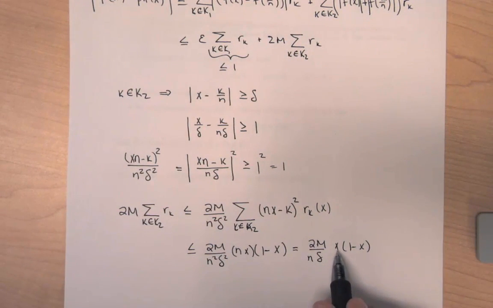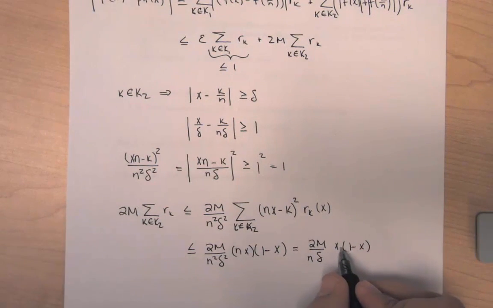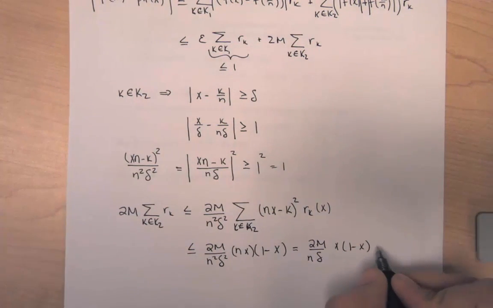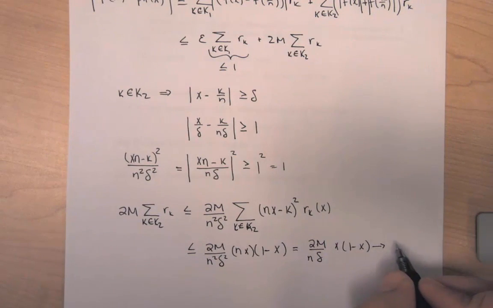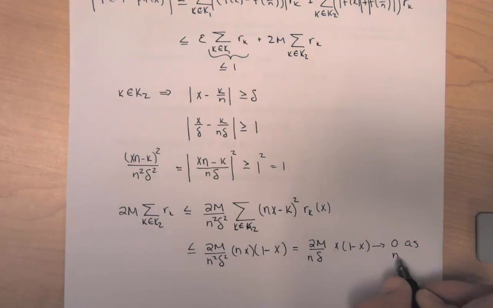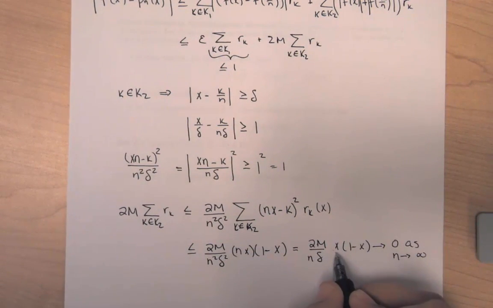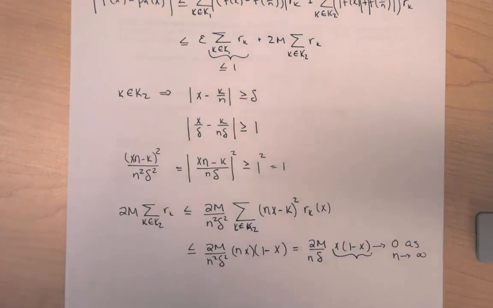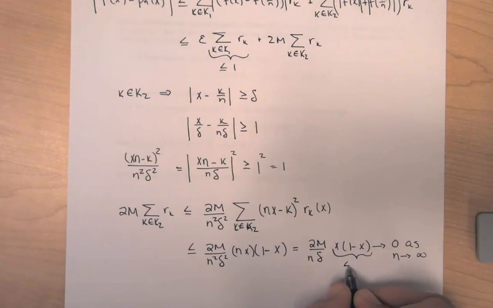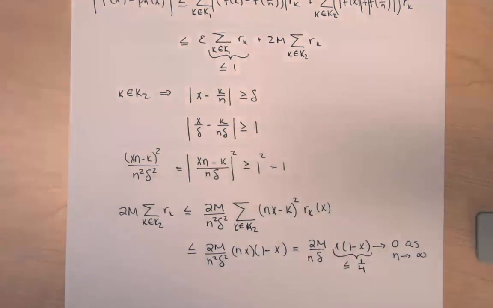Delta is also fixed. And x is some particular number, and this goes to 0 as n goes to infinity. Now, we should say that I can make this arbitrarily small regardless of x. Well, I can, because in fact, this is a bounded function of x. If you were to compute it, it's less than a quarter.